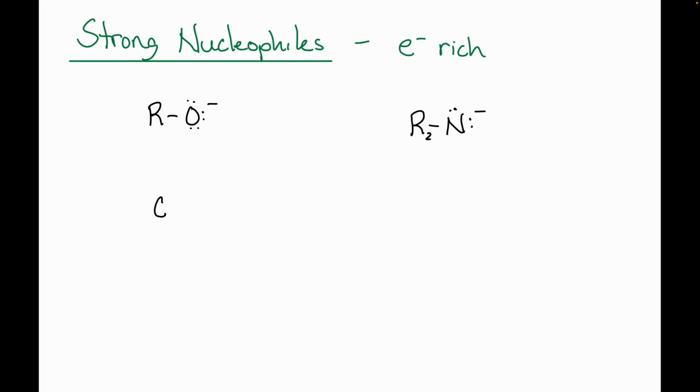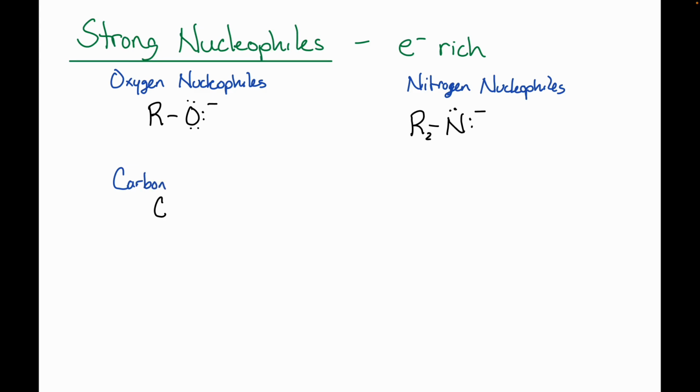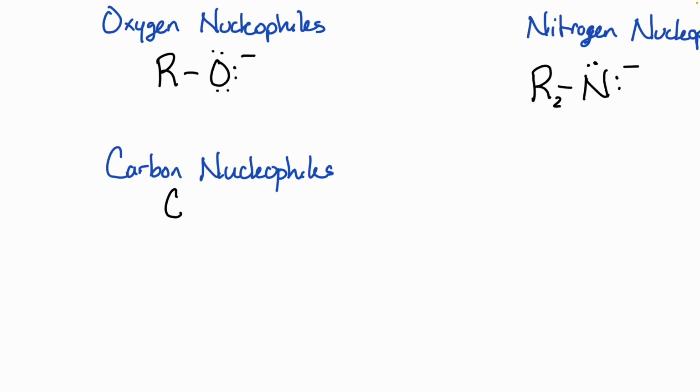Okay, so let's take a look at some examples here. We've got oxygen nucleophiles. Nitrogen nucleophiles. For our carbon nucleophiles, carbanions are pretty unstable except in some specific circumstances.